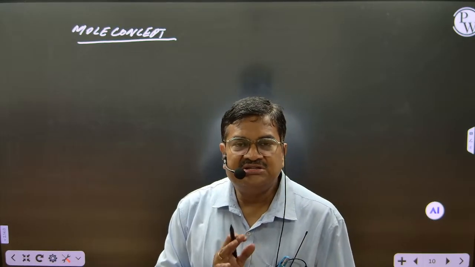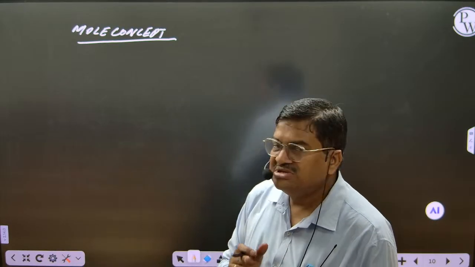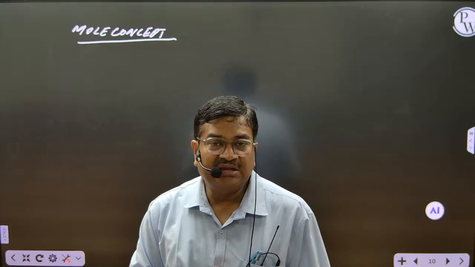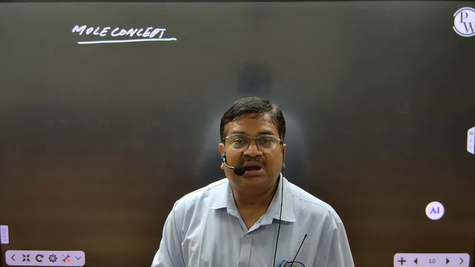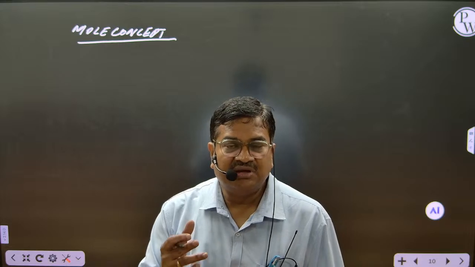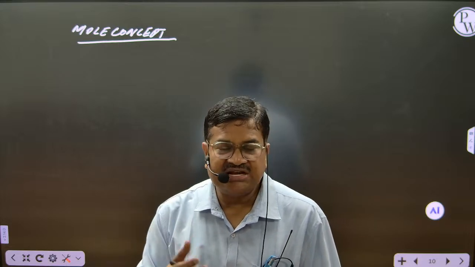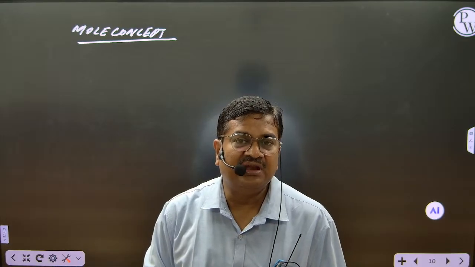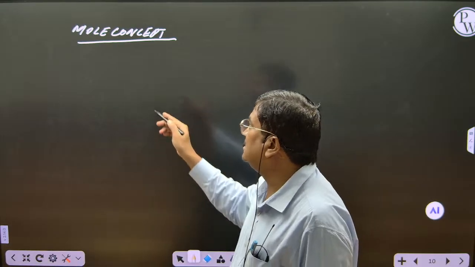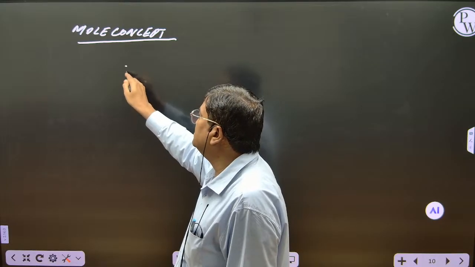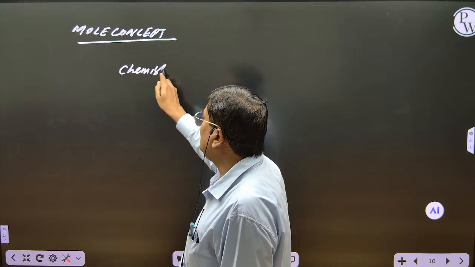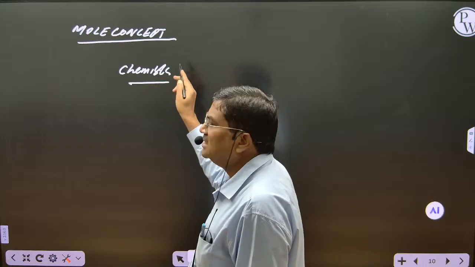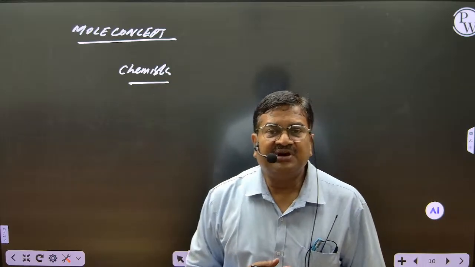Then simple, what is this mole? Understand, what chemists did: they have taken carbon 12. Just now in the last class I told you atomic mass is taken with reference to C12. So scientists took the carbon 12 isotope.